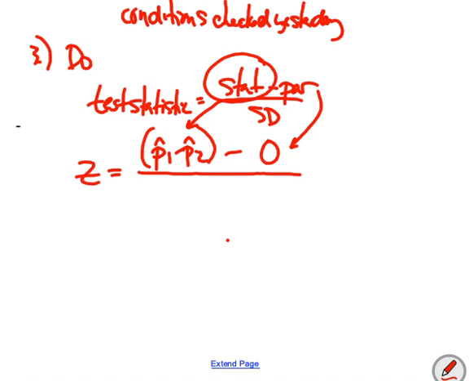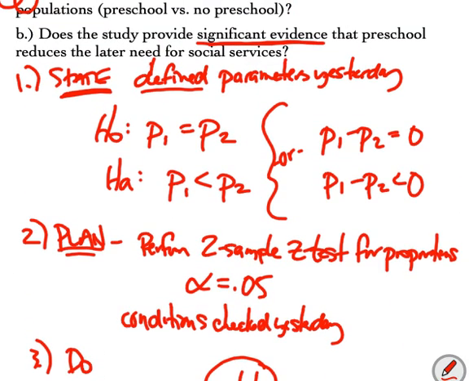Now our standard deviation is a little bit more complicated here, and this is a point where we need to have a conversation. So remember that our null hypothesis up here is how we want to proceed with the whole test. We want to assume that that's true and continue with that line of logic throughout the whole thing.